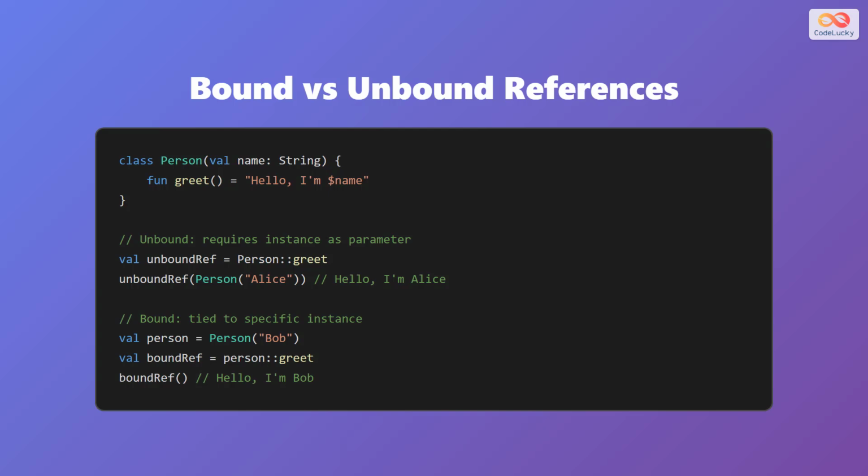When you create a reference using an instance followed by double colon and the function name, that reference is permanently bound to that particular object. Calling a bound reference doesn't require passing an instance because it already knows which object to operate on. This distinction affects how you structure your code and how references are invoked.